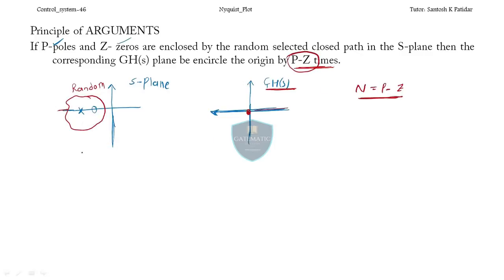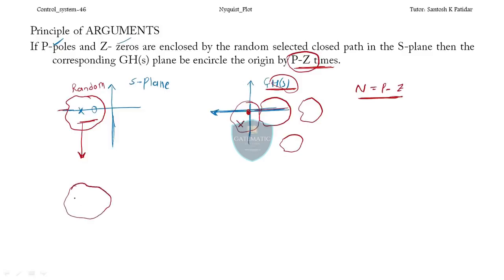What it means is, if the number of poles and zeros are both equal, you do not have any encirclement. In this type of situation, it may lie anywhere, here, here, anywhere, but it will not encircle the origin at all. Now suppose you have it like this. This is your S plane and this is your other plane.